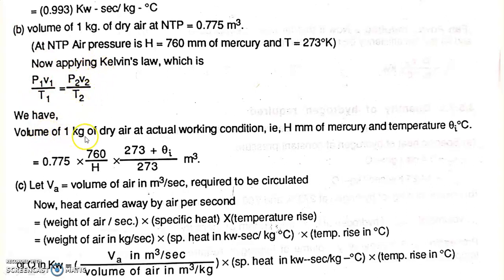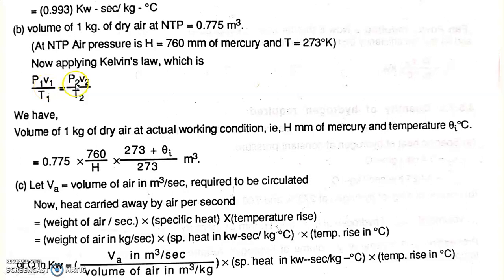So the volume of 1 kg of dry air at actual working condition, that is H mm of mercury and temperature theta I degree Celsius, is 0.775 into 760 upon H into 273 plus theta I upon 273 in meter cube. Actually this is found from the gas law. We have to calculate V1, so just adjust it for V1.